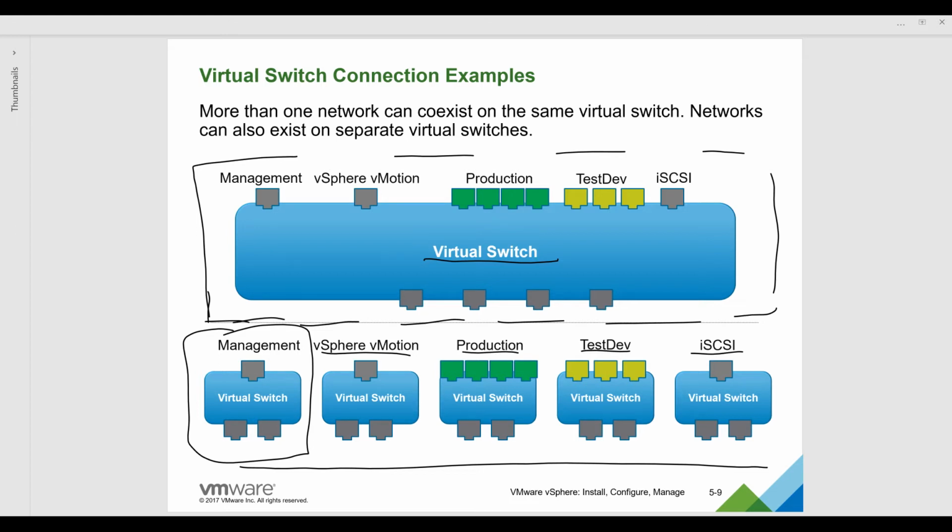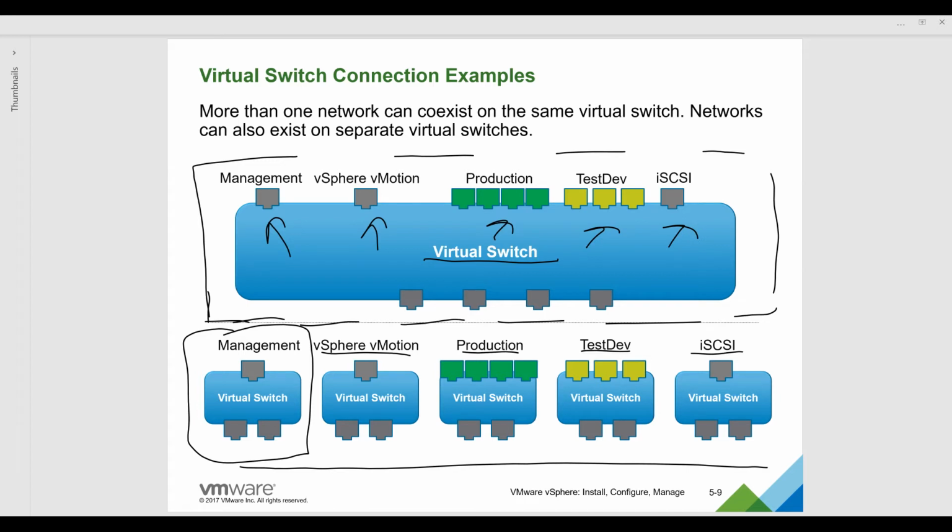But then again, you might have the network adapters on a single virtual switch that can isolate the networks by VLANs. So you see right here, this may be on a management VLAN, vMotion, production, test dev, iSCSI. So with that being said, because your physical NICs are assigned at the virtual switch level, all those ports and port groups are now defined for a particular switch that will share that same hardware.